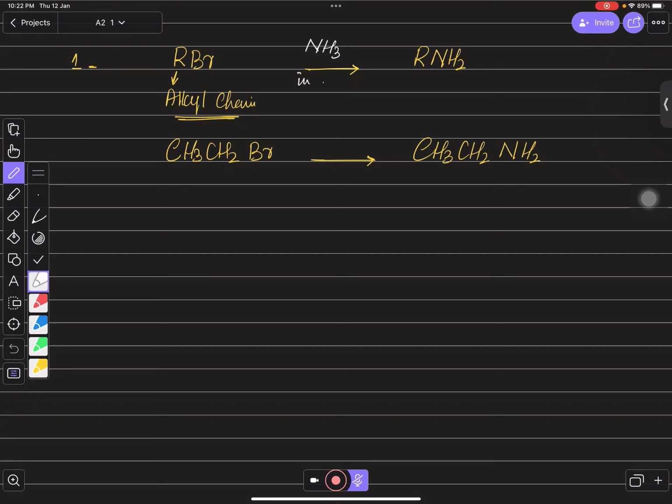So you need to use NH3 in ethanol, and heat under reflux is the right thing you said. The second condition is heat under reflux, right? So NH3 in ethanol, and also heat under reflux, right, bacho?